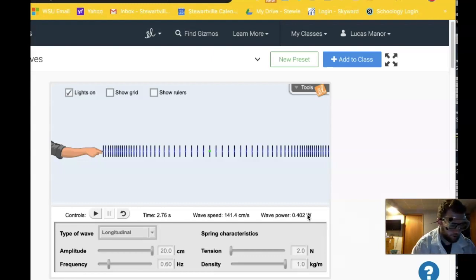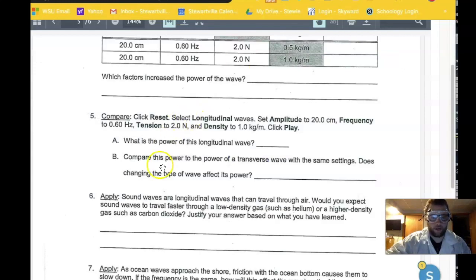And we're going to compare the two. So are they the same? Are they different? If they're different, how so? It's asking you, does changing the type of wave affect its power? Okay, so that's going to be your answer for 5B. And we go back to our lab.